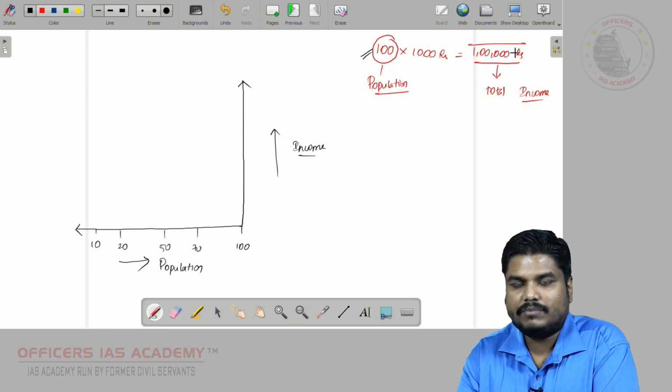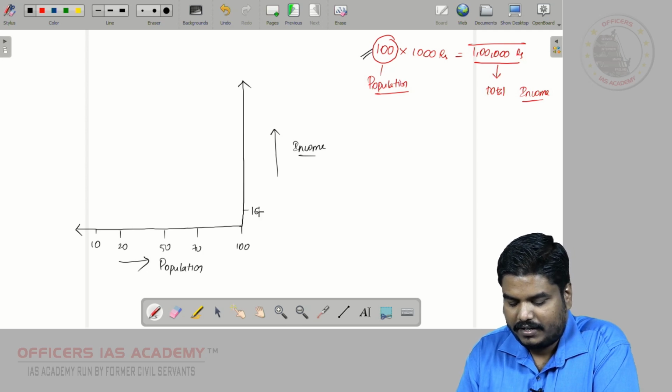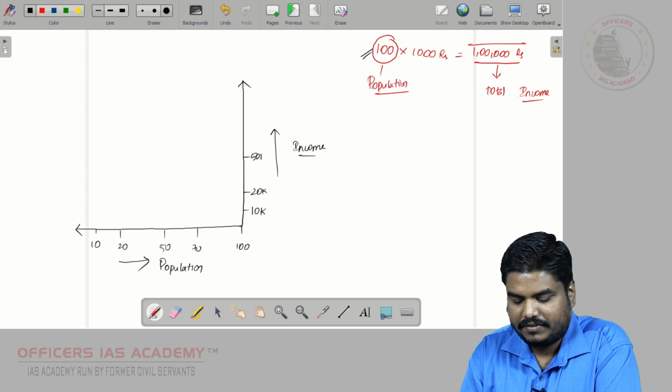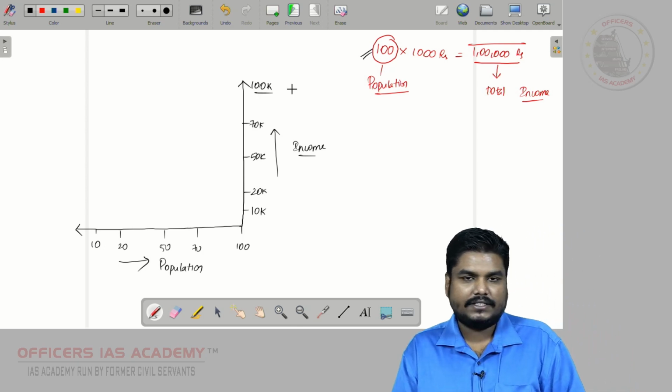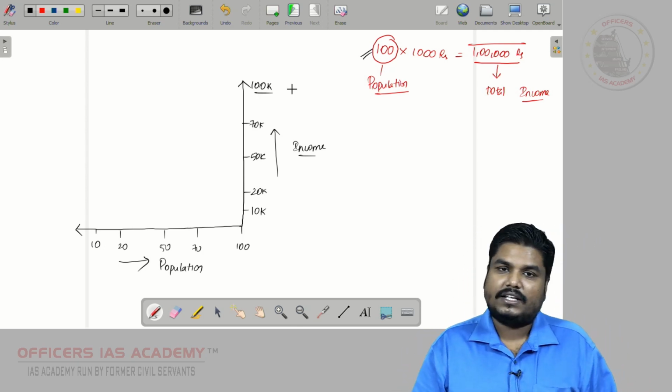Similarly, income is 1 lakh rupees, so 10,000, 20,000, 50,000, 70,000, 1 lakh.